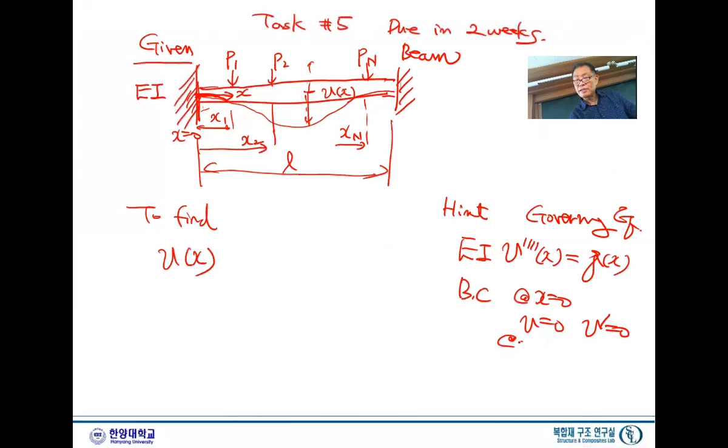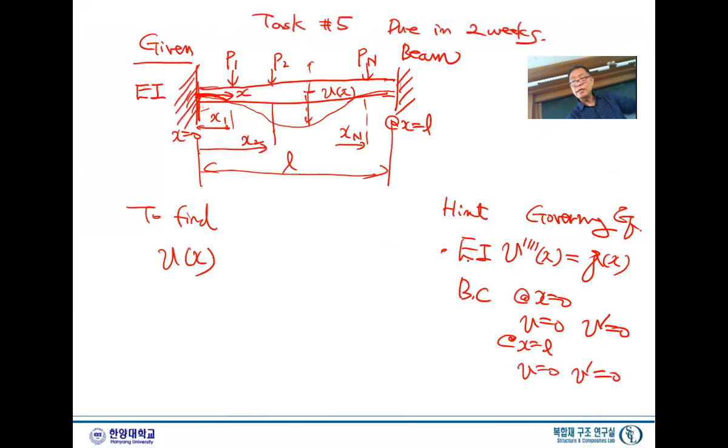And at x equals L, same thing, v equals 0 and slope equals 0. So this is the governing equation, and the governing equation means that this includes all equilibrium equations and material properties.